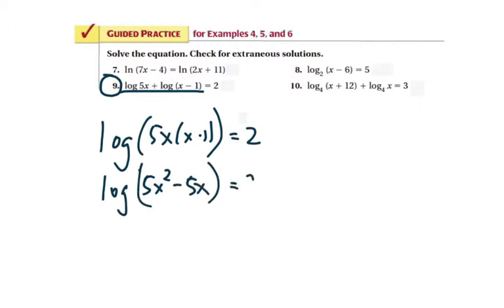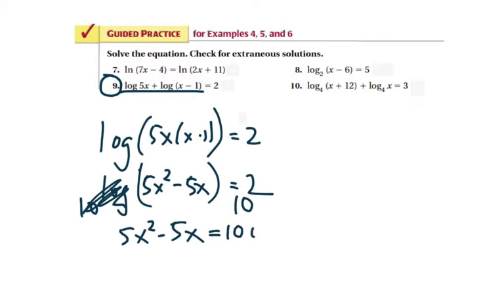And now I can take both sides to the 10 to the power of, which cancels out the common log. I have 5x squared minus 5x equal to 100. 5x squared minus 5x minus 100 equal to 0. Divide by 5 on both sides.